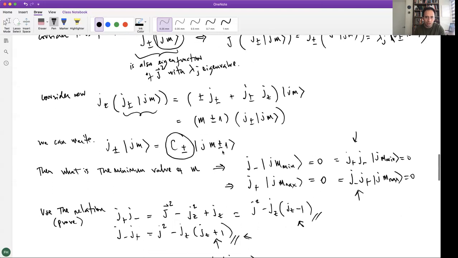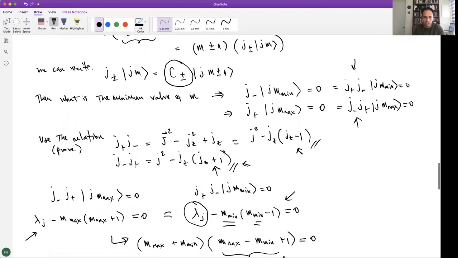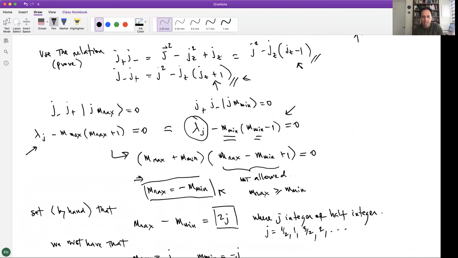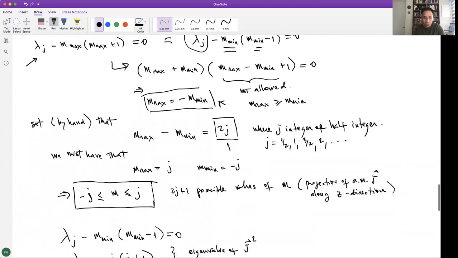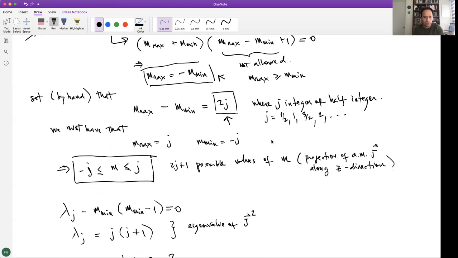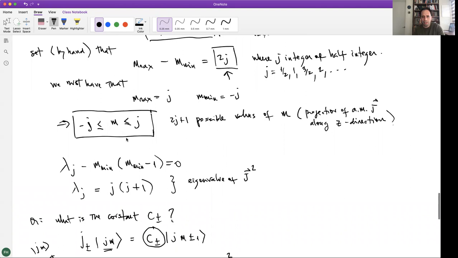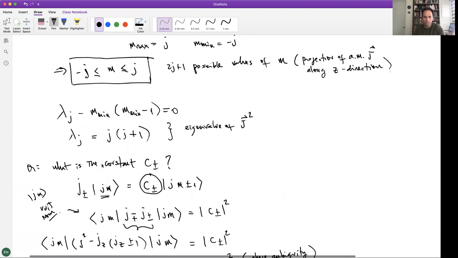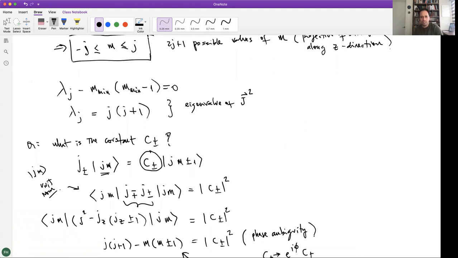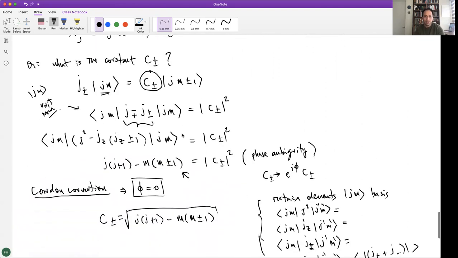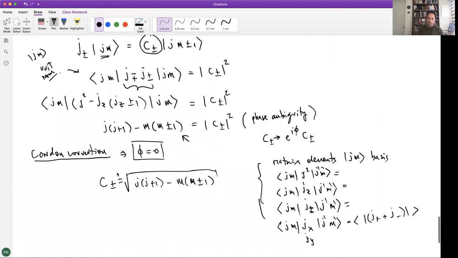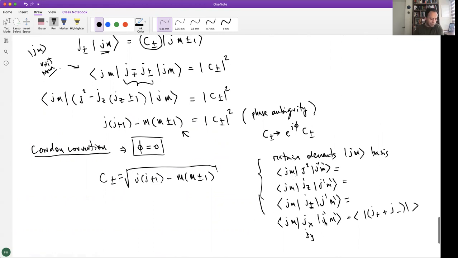We introduced these raising and lowering operators and how they can be used to derive relations between J and M. We introduce the notion that J is an integer or half integer quantum number that we're going to call the angular momentum quantum number, so that M is constrained between minus J and J. And also the eigenvalue for J squared is equal to J times J plus 1. We introduce a Condon convention for the raising and lowering operators. We also define the convention for the phases of the X and Y components of the angular momentum.